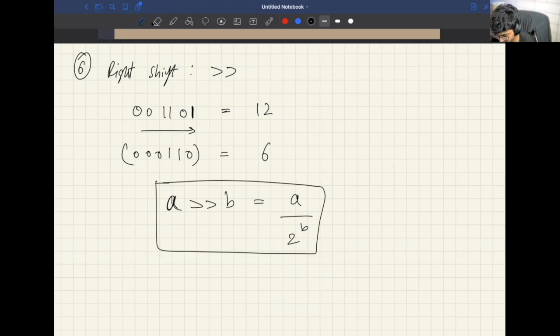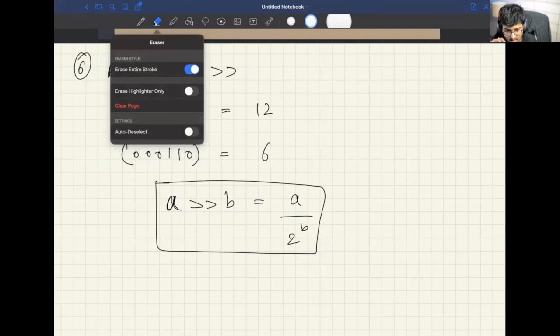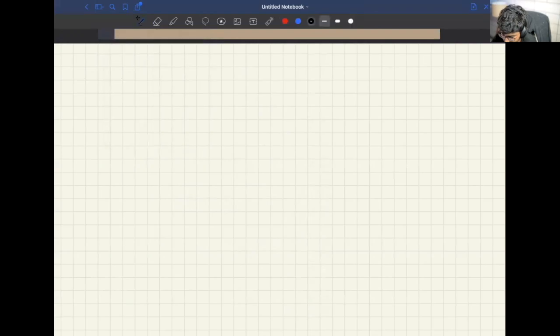Sound good? So now another question for you all can be, find the ith bit of a number. That is what you need to do. Sometimes you might run into bugs with bits and stuff, so you have to take care of it. But the question is, find the ith bit of a number.